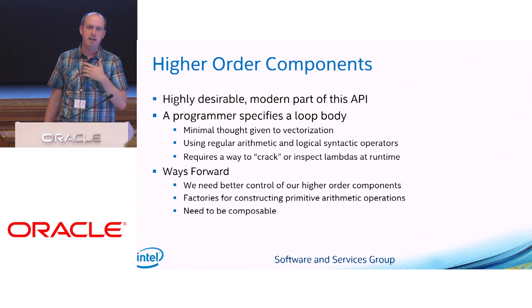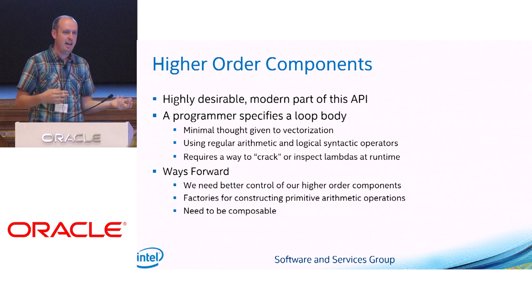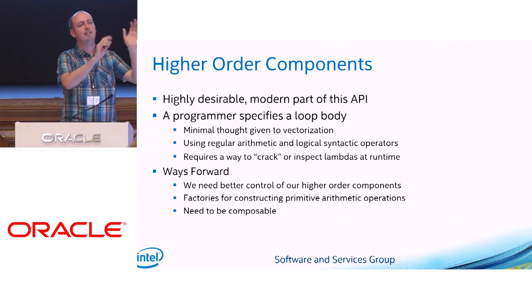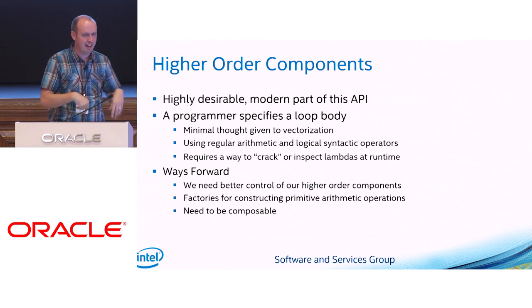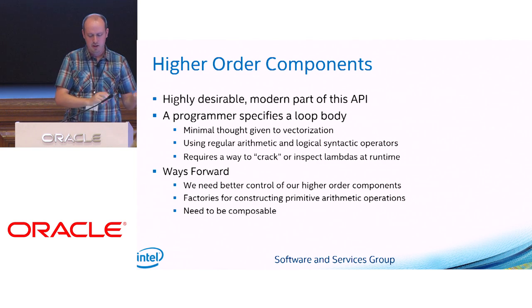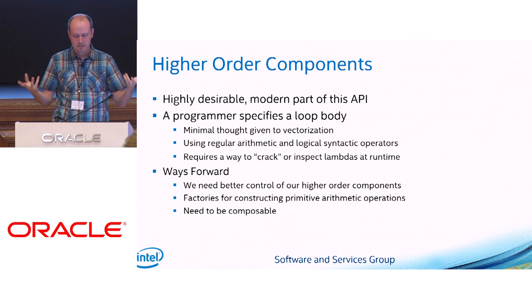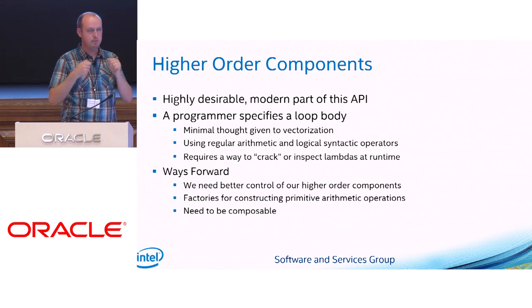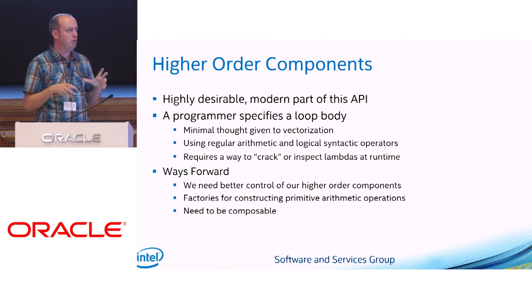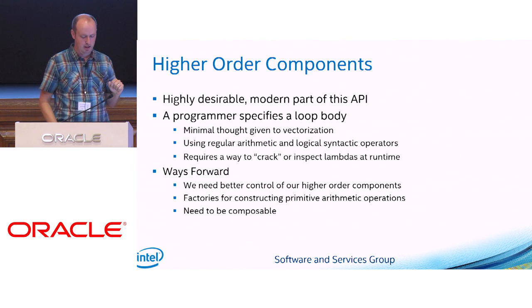So if we give the user just a library of bodies to map and say, well, this is the add body, this is the mul body, good luck, I mean, they just execute one, execute the other. You don't want to be that fixed, but you want to have enough composability where they can say, all right, I have all of these little components. How can I wire them together to form a new loop body that I need for my computation and still see the gains that I want to see?